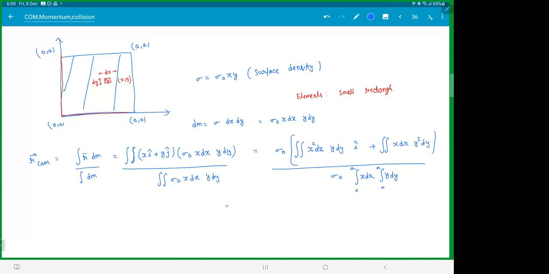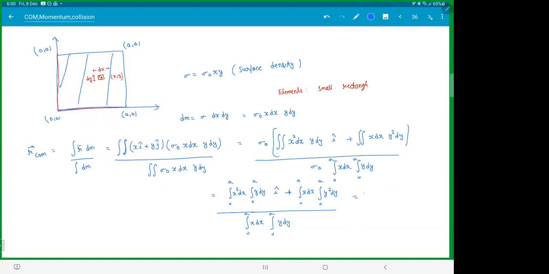Sigma naught will cancel, and this turns out to be integral x squared dx, integral y dy, 0 to a, 0 to a, I cap, plus integral x dx, 0 to a, integral y squared dy, 0 to a. In the denominator you have integral x dx, 0 to a, into y dy, 0 to a.